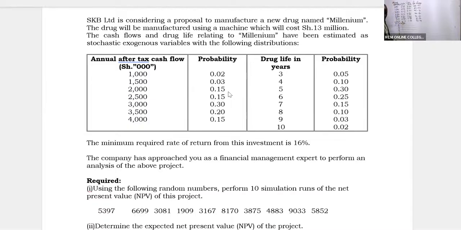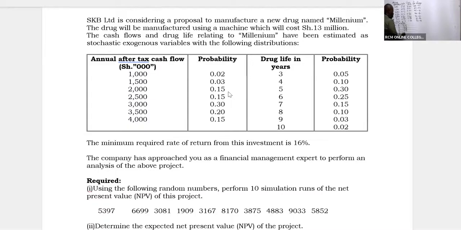So probabilities that we have there. I can see 0.05, 0.10, 0.30. After that, I can see 0.25. After that, I can see 0.15 again.